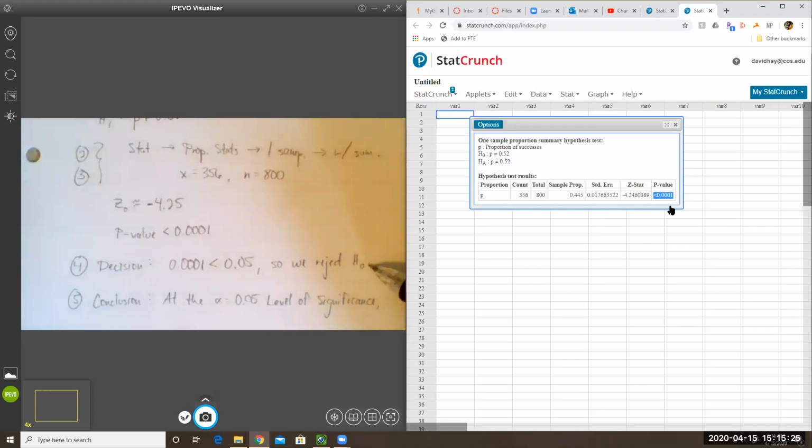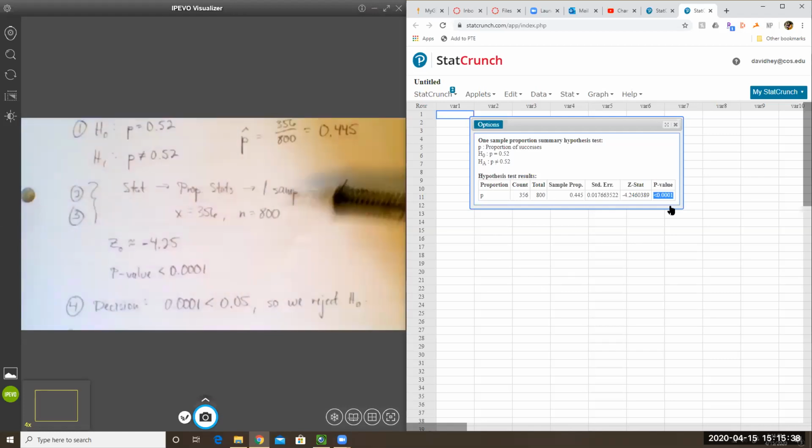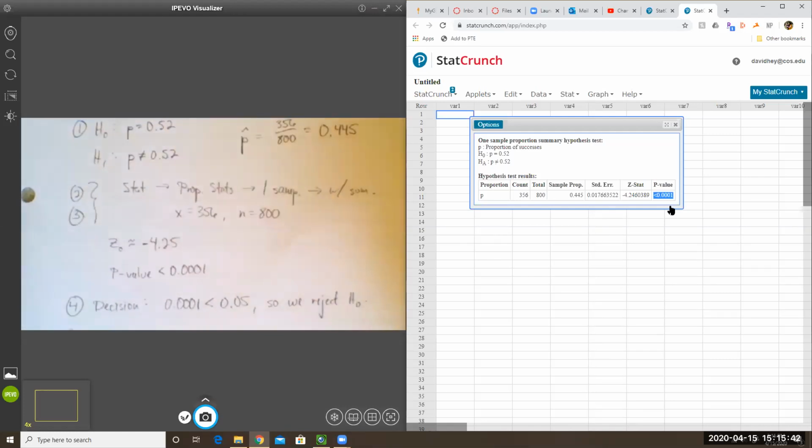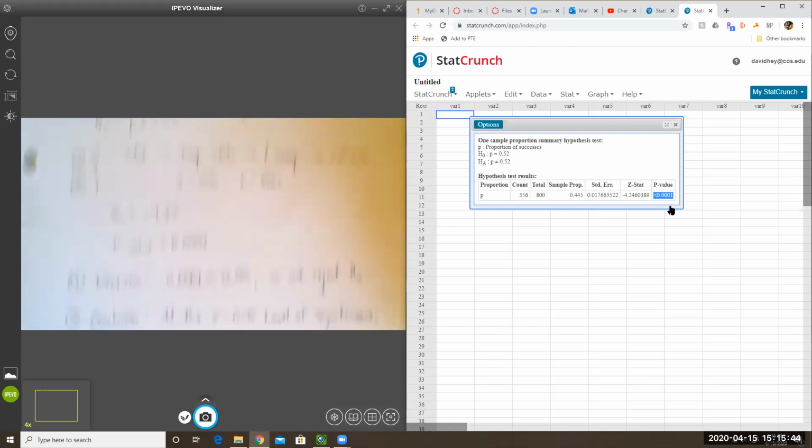So that means there is sufficient evidence to support the alternative. Another way to say that is the evidence supports the claim that parents feel differently today than they did in 1994. That's how I'm going to phrase it.